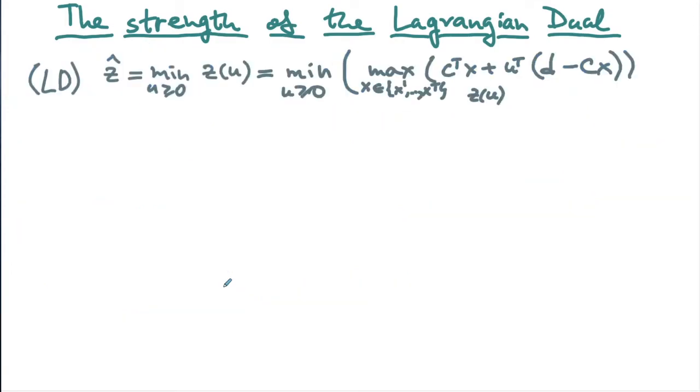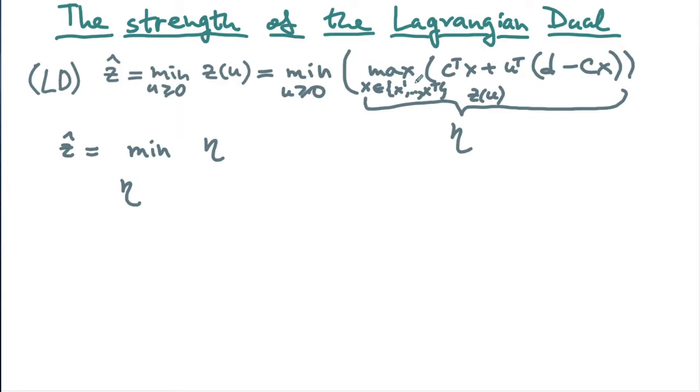Now let's look at the LP reformulation of our problem. For this purpose, let's denote z of u by a new variable eta. Then we can write down the equivalent problem: z hat is equal to the minimum of eta, where eta is the maximum of a set of linear functions.